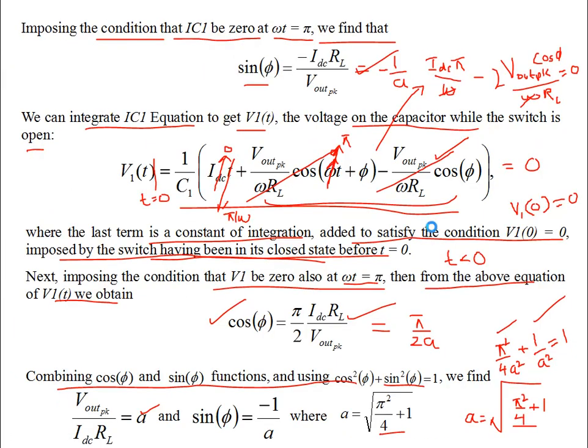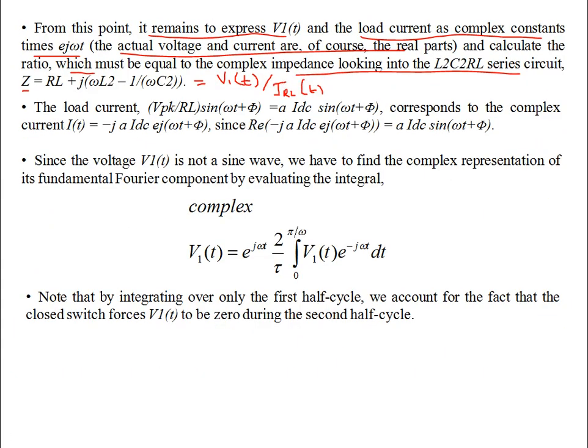So that's what you have over here. So Z is RL plus j omega L2. If you take j in the numerator, it's minus, so minus 1 over omega C2. So that's your V1t over IRLt.